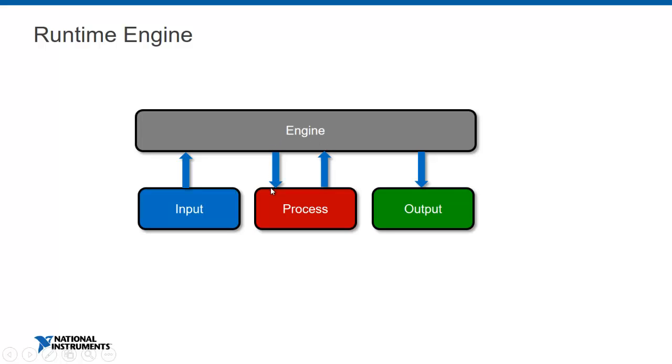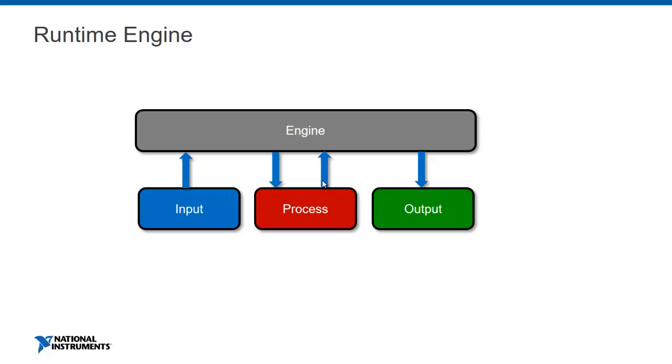So it takes data from the engine and updates information as well. An output method will only take data from the engine and push that out to some data sink. So could be writing it to a file, could be pushing out over the network, over industrial communication protocol, what have you.